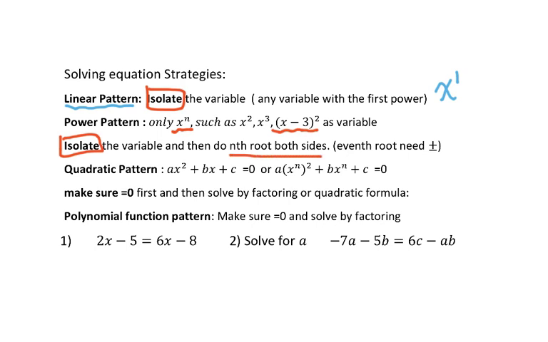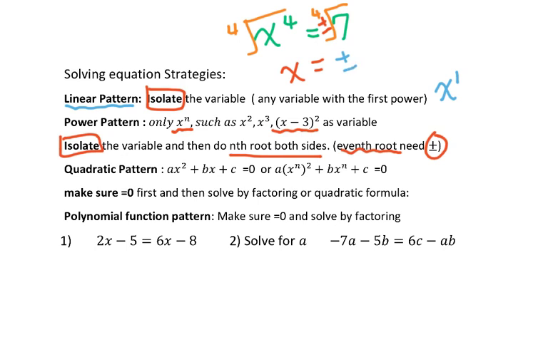But make sure if it's an even root, you have to add plus or minus. For example, if you have x to the fourth power equals 7, then you have to take the fourth root of both sides. Do not forget plus or minus before that nth root.